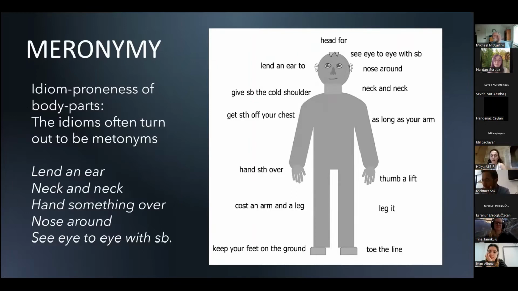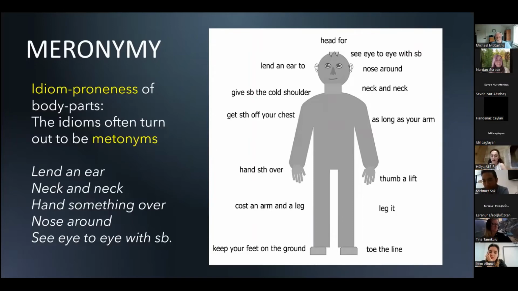You can give somebody the cold shoulder. You don't want to talk to them. You don't want to interact with them. You can get something off your chest. That is, there's something important you want to tell somebody, and finally you tell them. You can, of course, hand something over. Something can be very expensive and cost an arm and a leg.